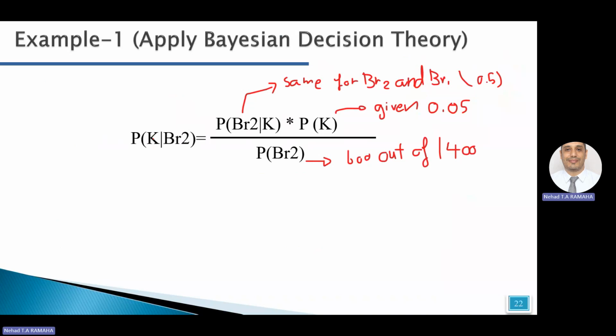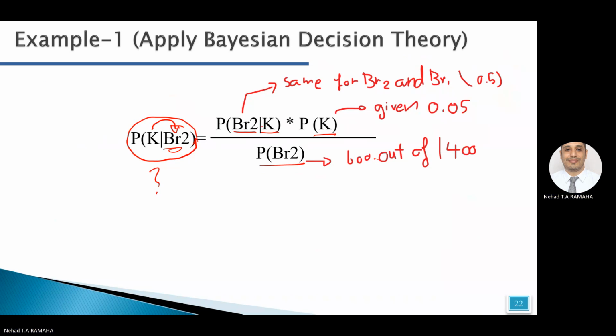So we have this rule. Probability of an egg to be cracked or broken coming from BR2. This one we need to calculate. So to calculate it, it's probability of BR2 given K multiplied by probability of K divided by probability of BR2. Okay, let's see what we have here.